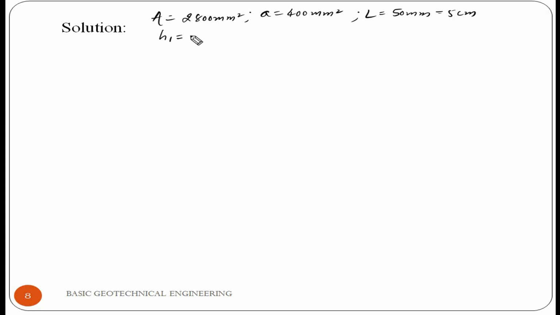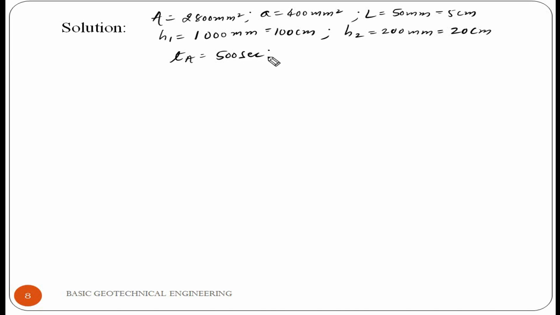Then H1 is given, and H2 is 200 mm. The time taken for sample A is 500 seconds and for sample B is 15 seconds.